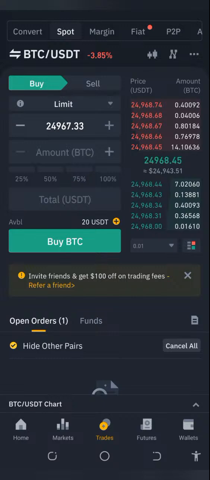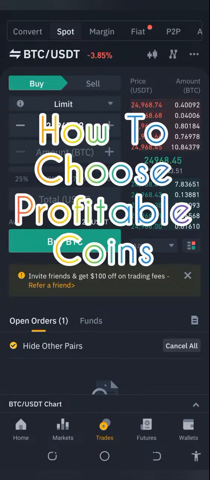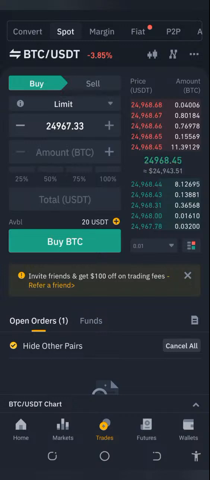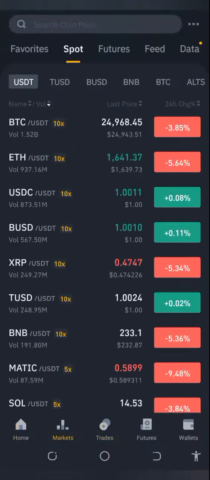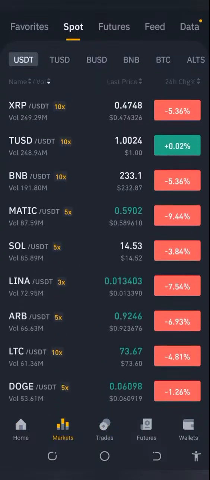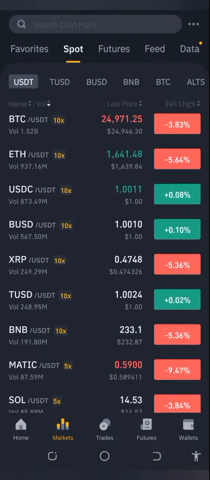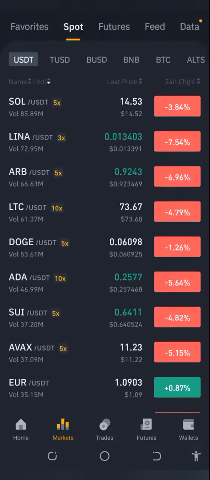So in our income strategies program, first off, we're going to share with you all the vital information that you need to choose profitable coins. Yes, you need to know how to choose profitable coins. Let me go to the homepage so you understand what I'm saying. On markets, we're going to see all these awesome coins. When you click on spot, you'll see so many coins here.